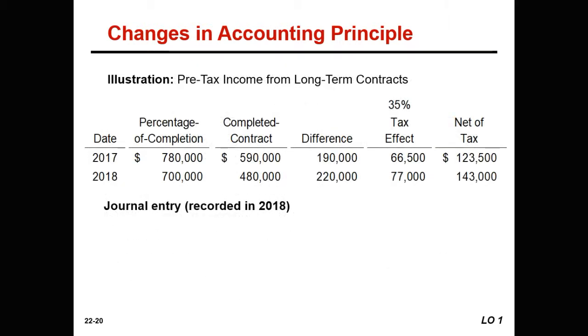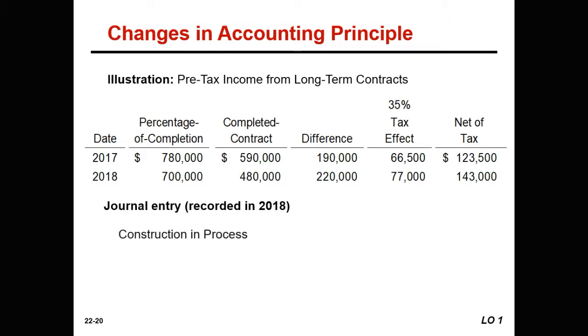So we have a difference of $190,000 from 2017 with a tax effect of $66,500. This means net of tax, the change would be $123,500. The 2018 difference is $220,000 with a tax effect of $77,000 and net of tax of $143,000.